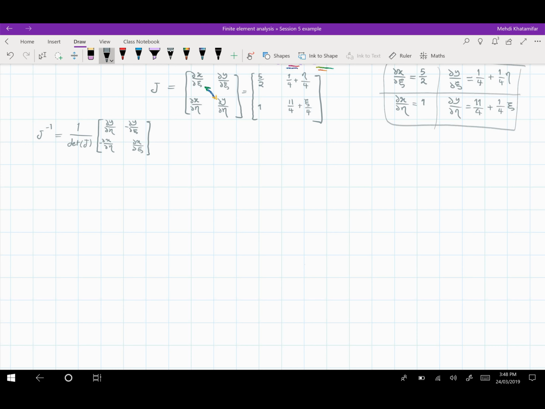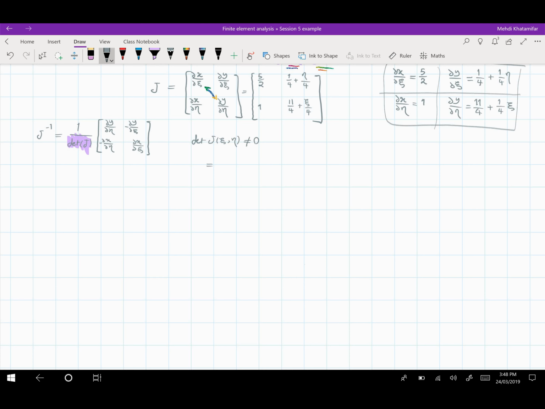If you want to have the inverse Jacobian, that determinant should be a number, anything except 0. So let's calculate that one. We need to make sure the determinant of the Jacobian matrix, which is a variable of psi and eta, is not 0.